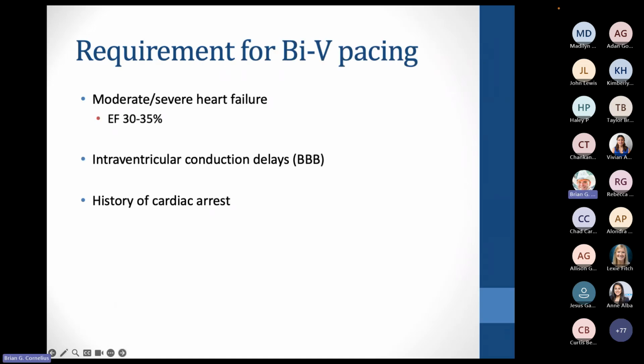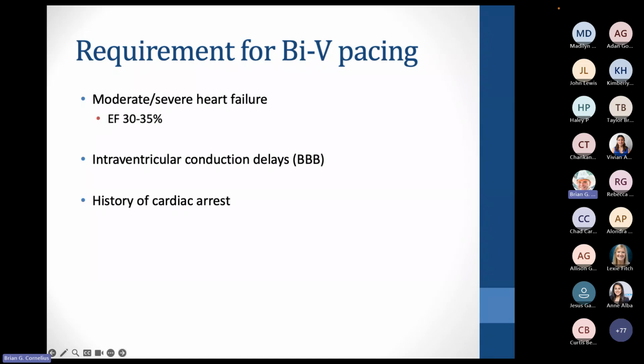So these are the general requirements we see as far as who gets a BiV device. If you go back and look now, this may be a little bit generous, because a lot of times now the EF is even lower, like 10 to 20%, not 30 to 35. The 30 to 35 you'll see is in younger people with bad disease early on.